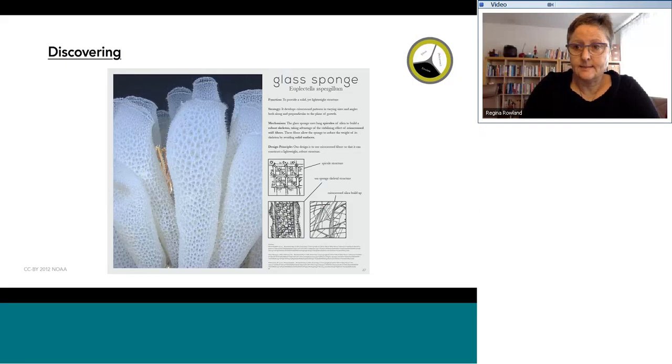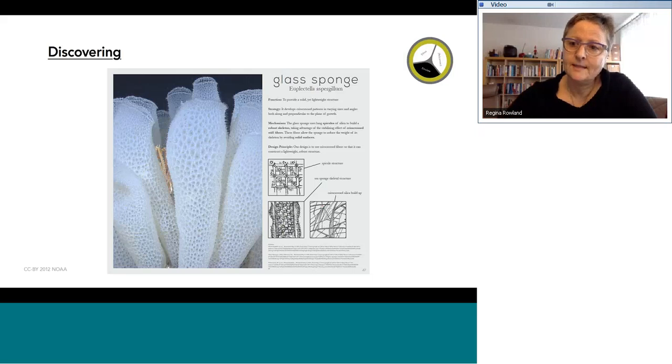The outcome at the end of the discovering phase is what we call a function card. And here you see an example of a function card, which lists, first of all, the function we were looking for. It's usually a sub-function of the more general function that we defined in the scoping phase. And for this function, we find the strategy that the organism uses.